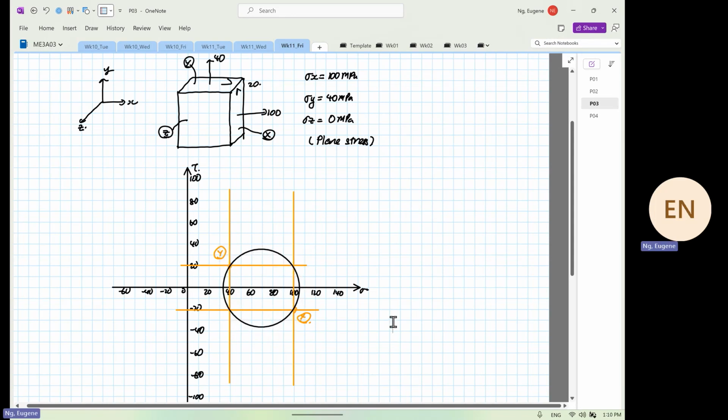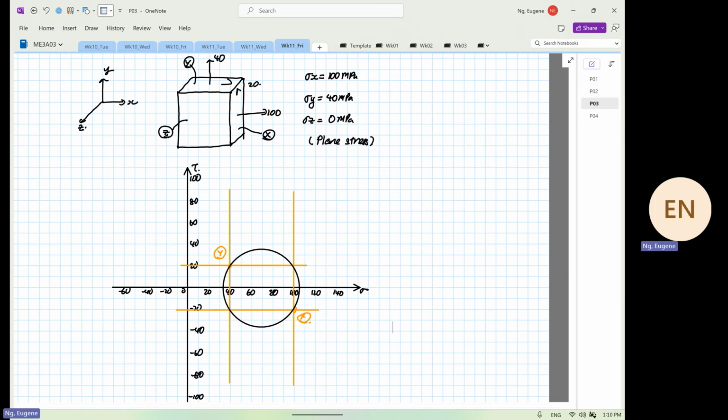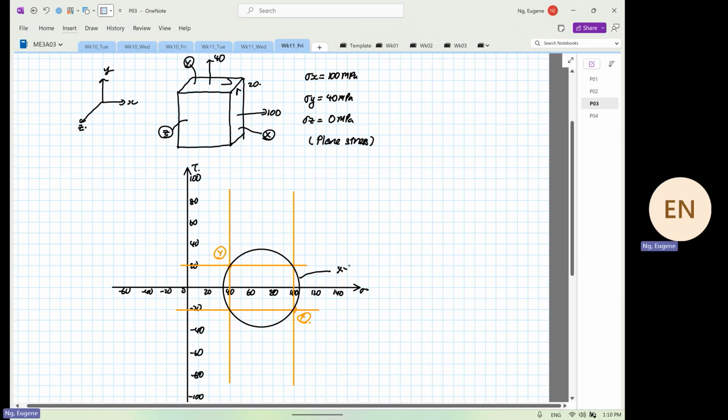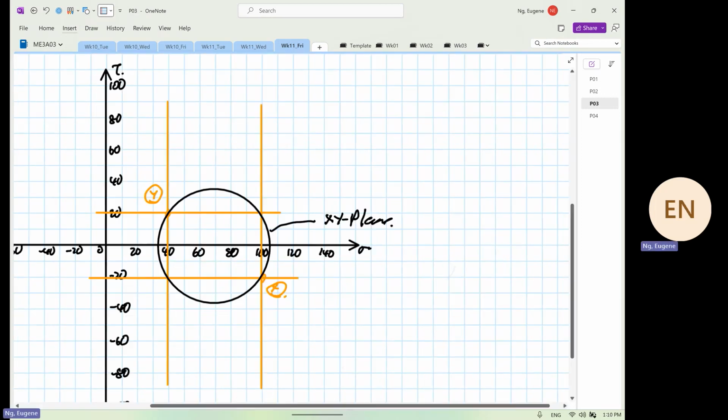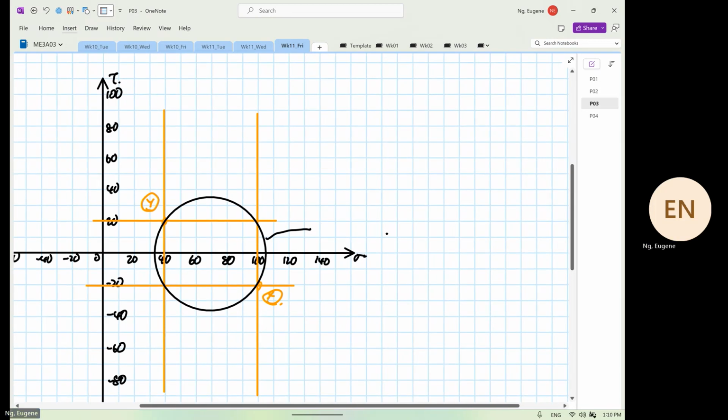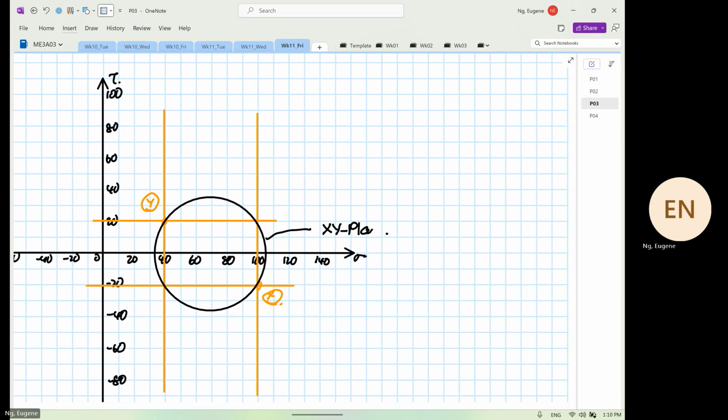Okay, so we know that this belongs to what? This belongs to an XY plane, right? Come on, write properly. This belongs to your XY plane. And we found out that our tau max is going to be what?